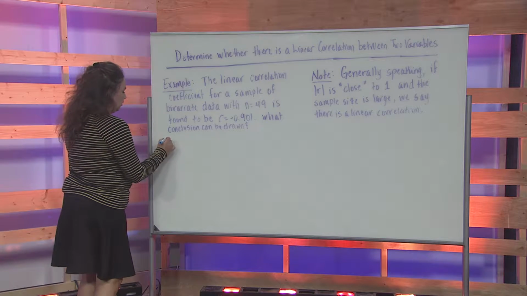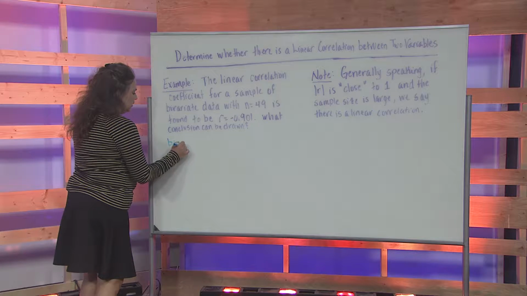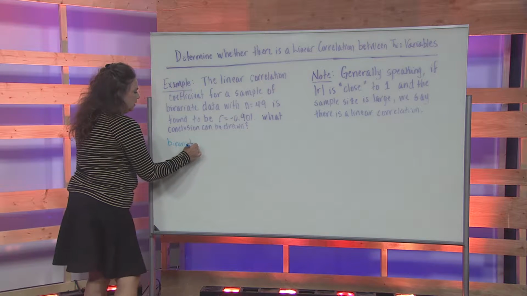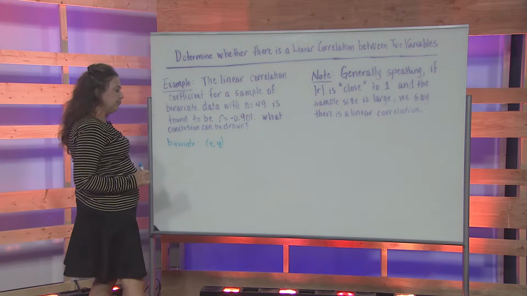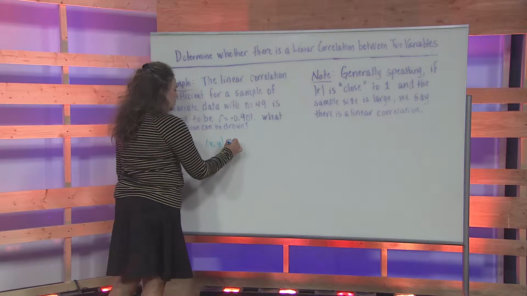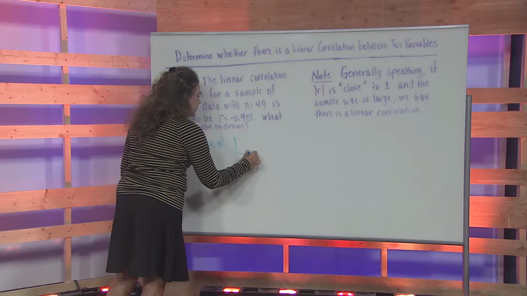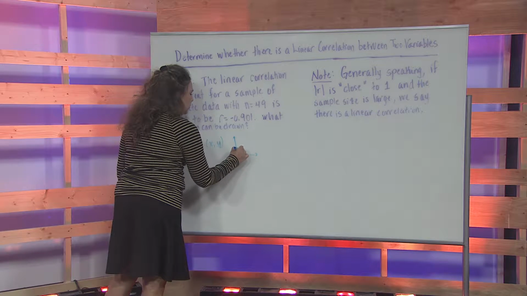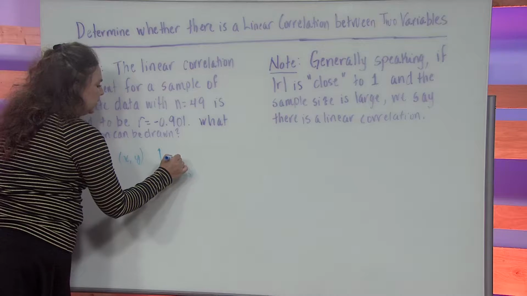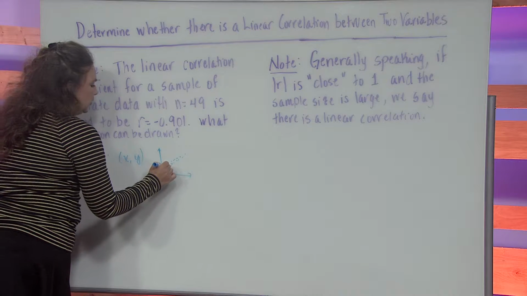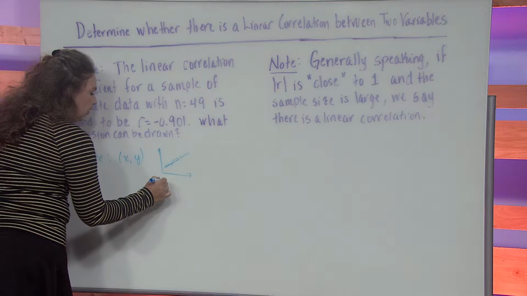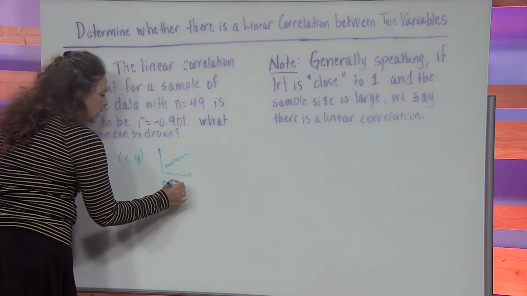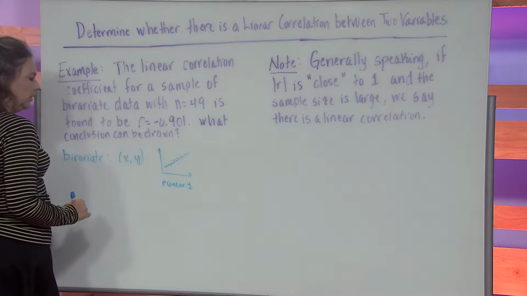So recall our bivariate data is our paired data in x and y. And we could look at the situations that we could have. Perhaps we would have something that looks like this. In this case, it looks like the data is pretty close together, and r is near 1.